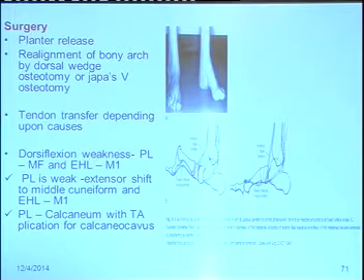If tendon transfers are done for cavus deformity and the dorsiflexion is weak, peroneus longus is transferred to the midfoot and extensor hallucis longus to the first metatarsal. If peroneus longus is weak, extensor shift to the middle cuneiform and EHL to the first metatarsal. Peroneus longus to calcaneum with tendo Achilles plication for calcaneovalgus or calcaneocavus foot.